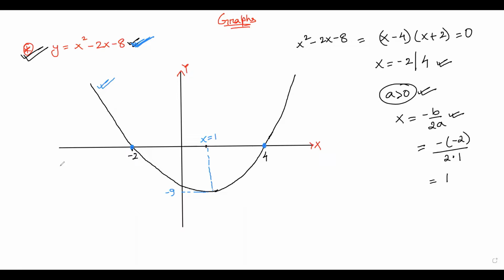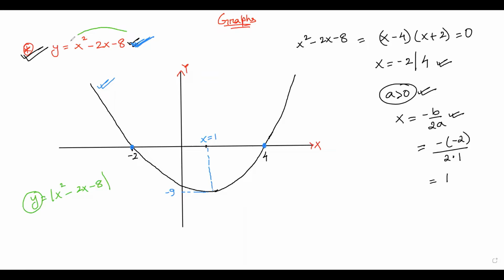Also, sometimes instead of y equals x squared minus 2x minus 8, we might be given y equals mod of x squared minus 2x minus 8. In such cases, again, we'd draw the graph of x squared minus 2x minus 8 first, and then we'd draw the graph of y equals mod of x squared minus 2x minus 8. Y equals mod of x squared minus 2x minus 8 simply means that y will always take a positive value.